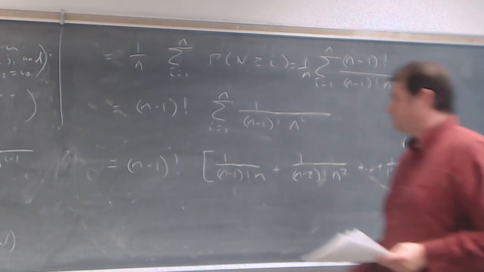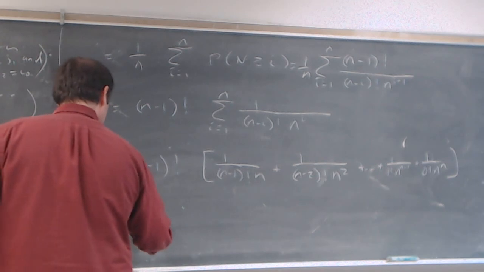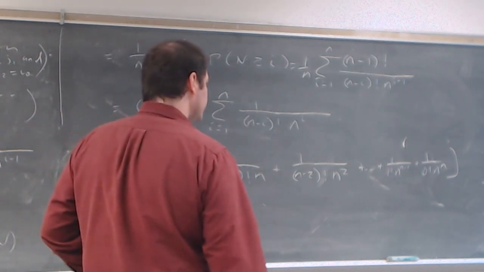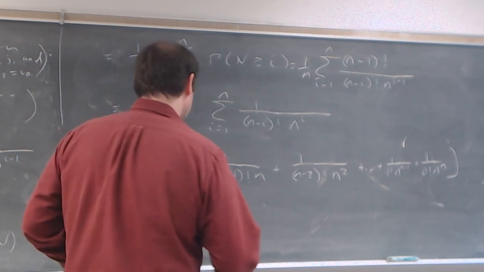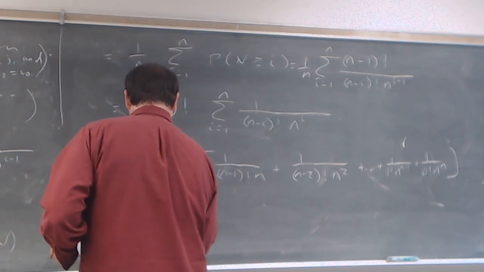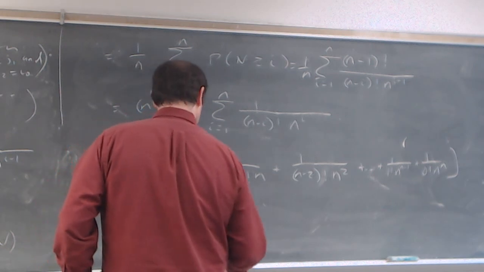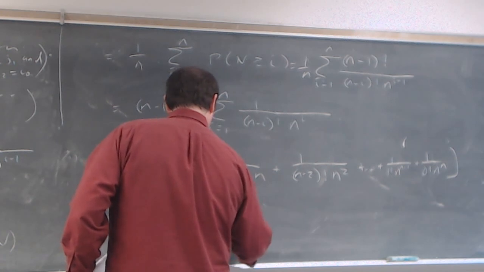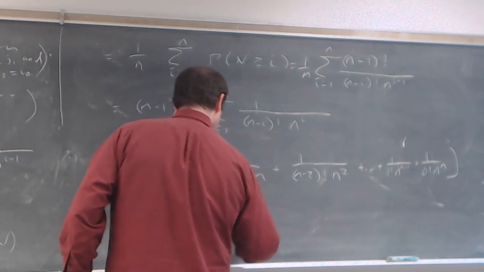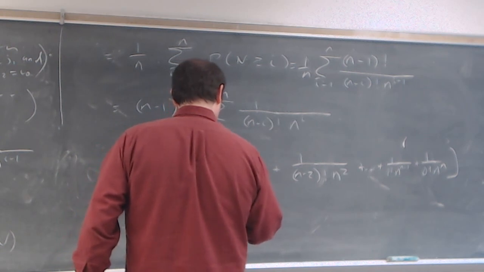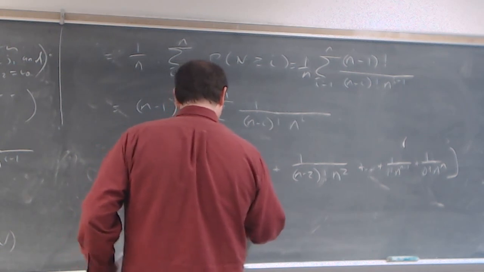Yes. All right. So that's equal to (n minus 1) factorial, and then we'll factor out an n to the n from each one of these terms. What I'll get is 1 over (n minus 1) factorial, and when I take out n to the n, I need to have n to the n minus 1 here.